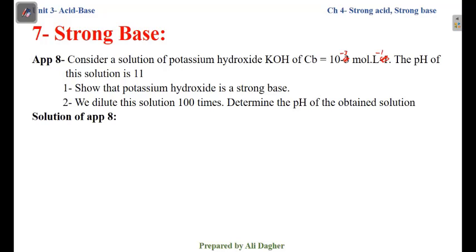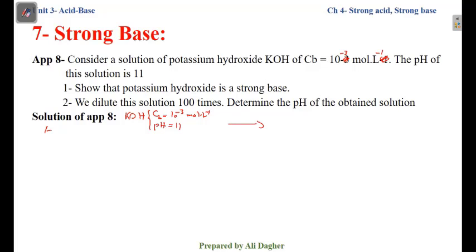Solution of application 8. We have a KOH solution of Cb equal to 10^-3 mole per liter and pH equal to 11.